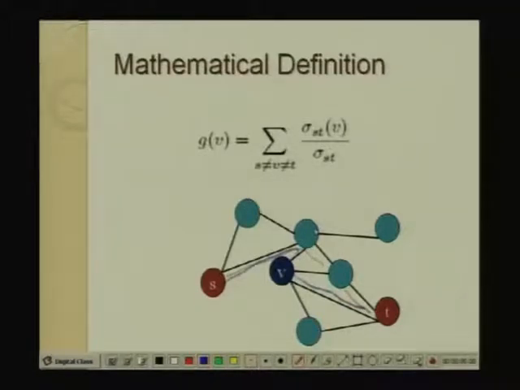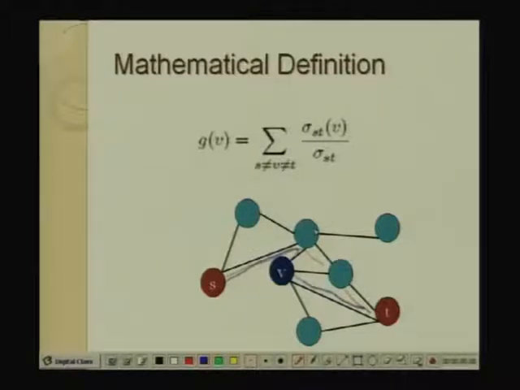So, we want to quantify this effect. The higher the effect, the higher the betweenness centrality of the node. Here, between means it lies between the paths of two other nodes in the network.